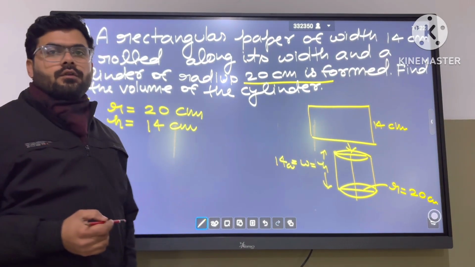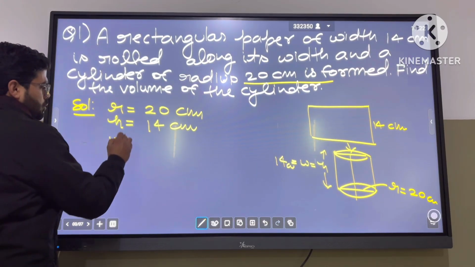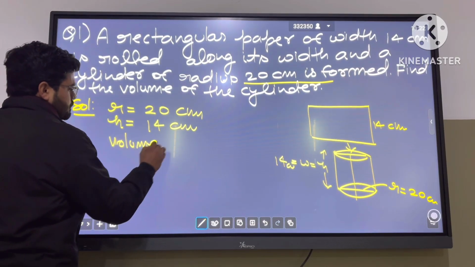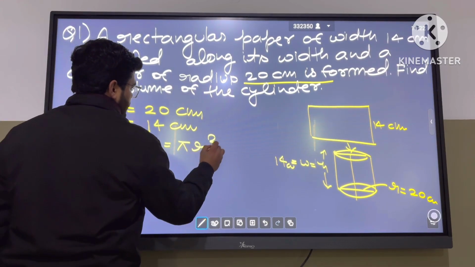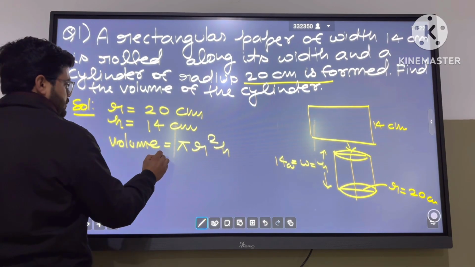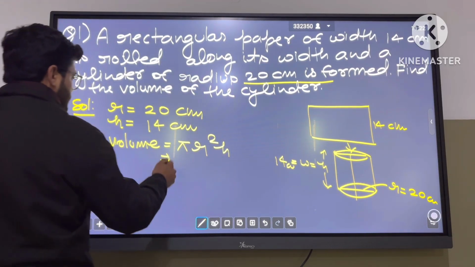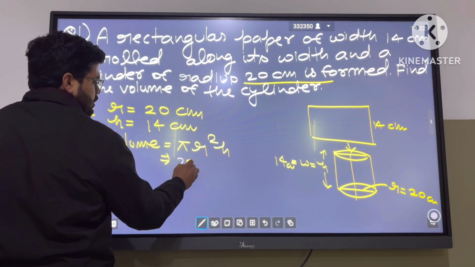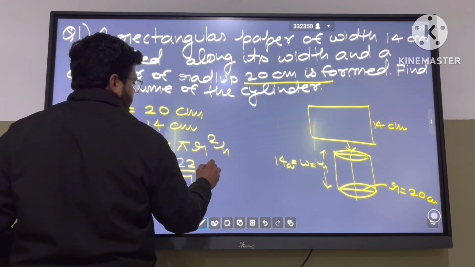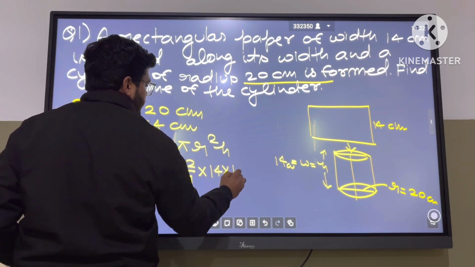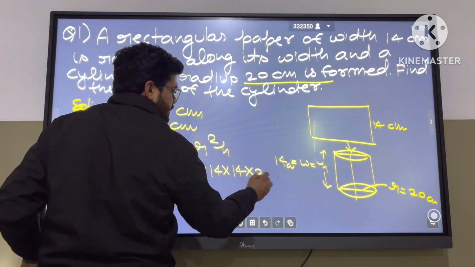What is the formula for volume of cylinder? Volume is equal to pi r square h. The value of pi is 22 upon 7, the value of r is 14 into 14, and height is 20 centimeter.